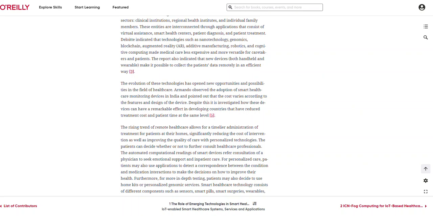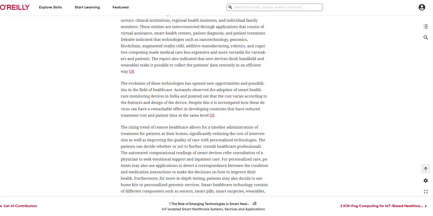Well, from a security standpoint, newer IoT systems are starting to implement end-to-end encryption, secure boot, digital certificates, as well as hardware-based security features. Cloud platforms supporting healthcare IoT are investing heavily in HIPAA-compliant infrastructure and tools for access control and auditing.